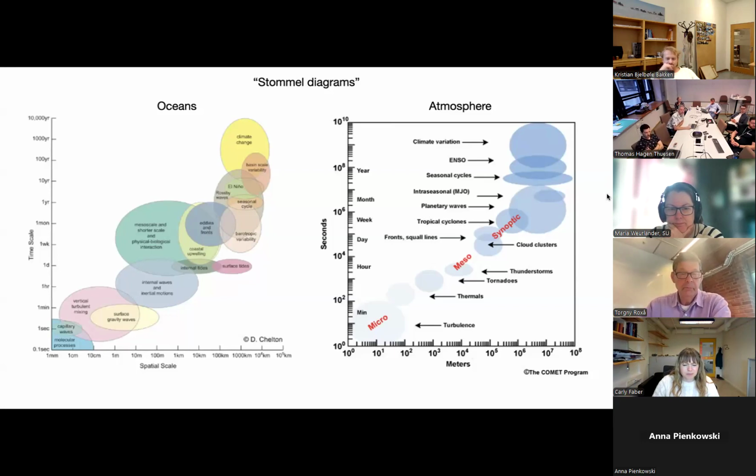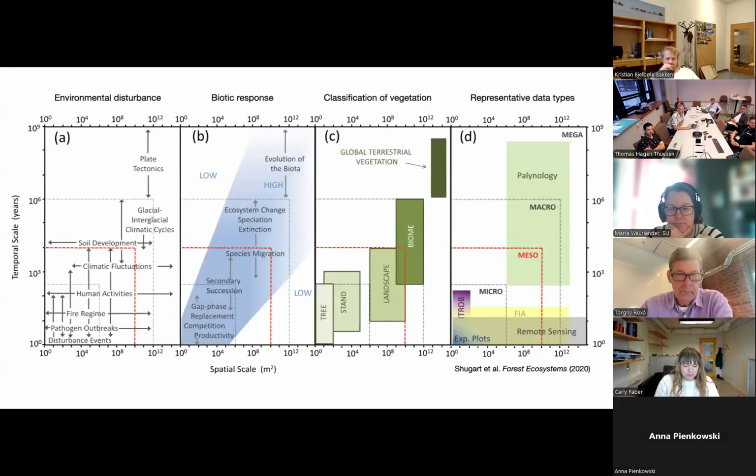And this is not unique, of course, to oceans and atmosphere. We find similar diagrams. Here is biology, forest ecosystems with different scales of disturbance and response and so forth, and different scales at which we collect data to do our science.